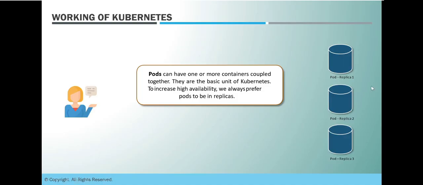Based on the deployments and replications, these pods can be scaled up or scaled down based on the strategies that you define. This scaling can be done automatically using replication, deployments, and auto scaling inside Kubernetes.